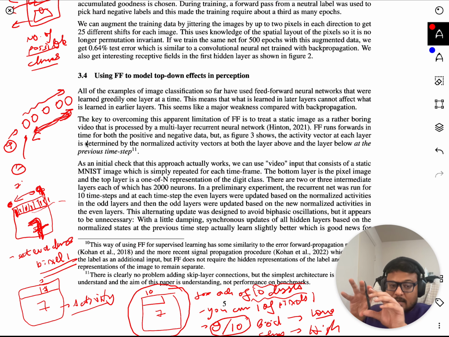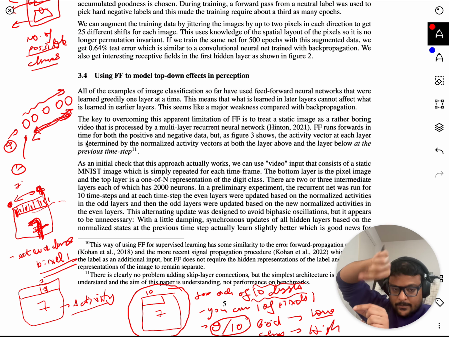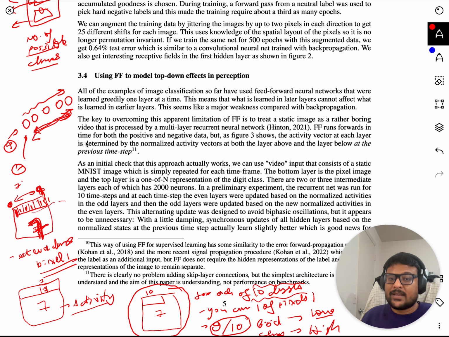For 10 classes you have 10 such images, and you forward them through the network. You try to calculate which of the input images has the highest score, the highest goodness, and that's the correct sample which your network classified.